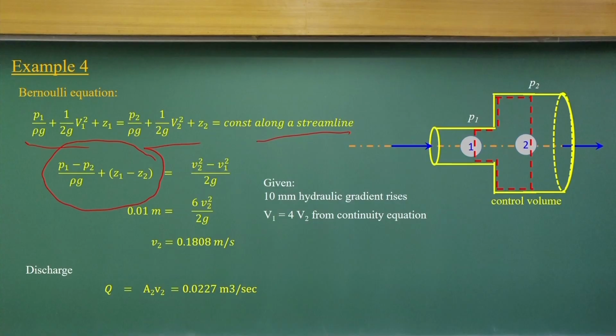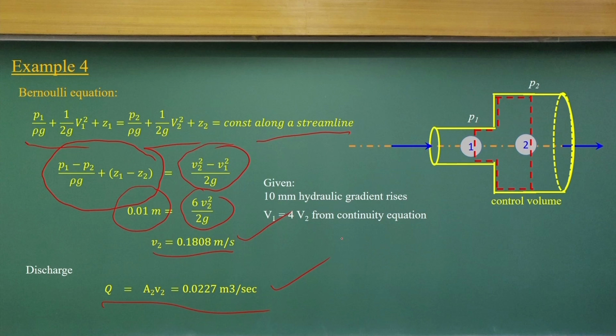The pressure head and Z1, Z2 are not given to us, but that is what will be reflected in terms of the piezometric head. The difference between the piezometric heads is given as 0.01 meters, so we are substituting directly on that. We know the velocity relationship, so we can compute the velocity, and once you know the velocity, we can compute the discharge.